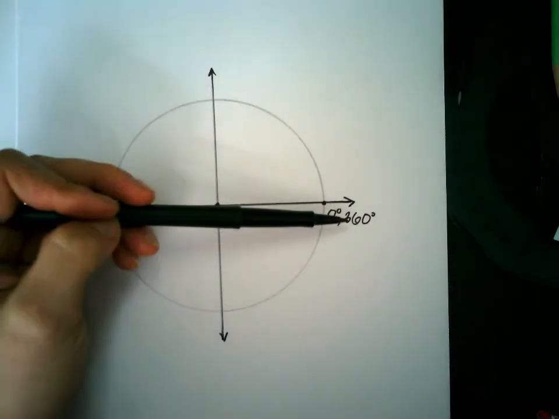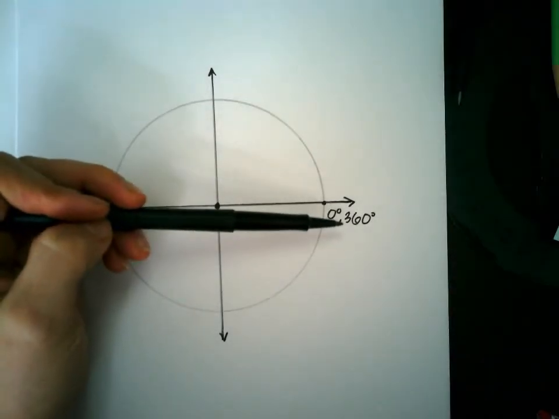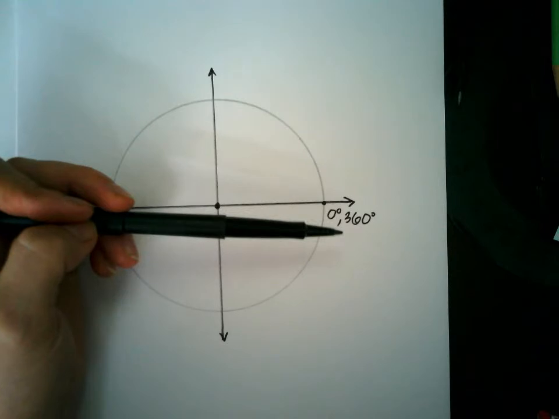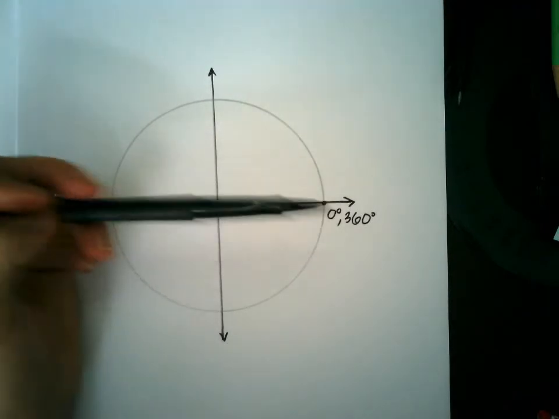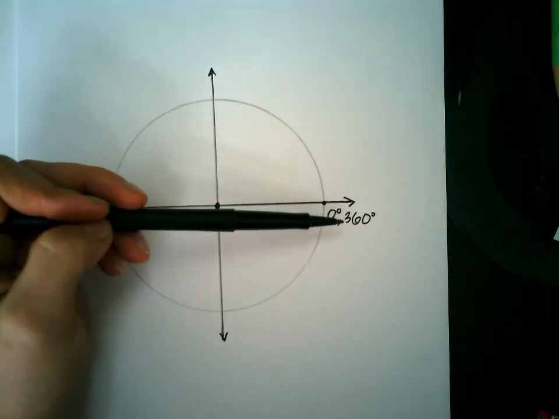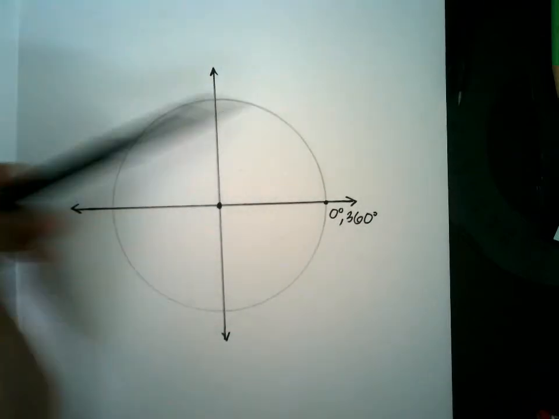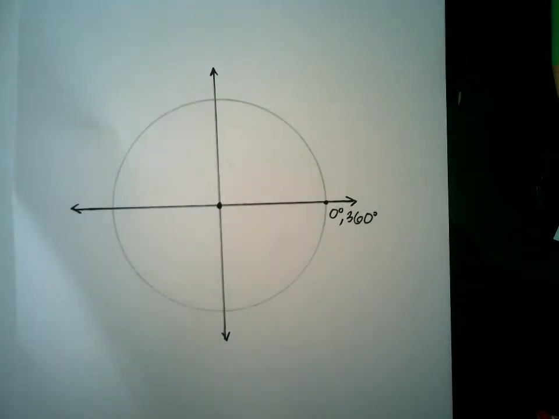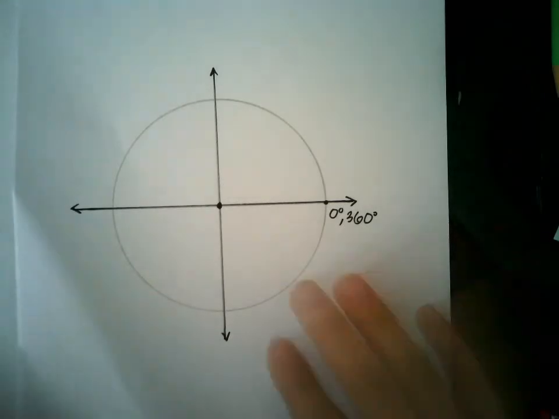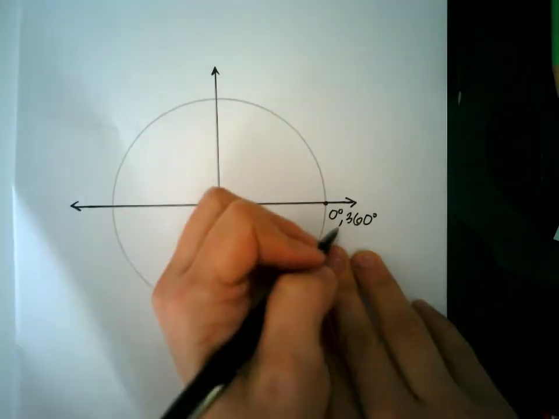Another theory is that the number 360 is really, really divisible, which what I mean by that is that it's divisible by 24 different numbers. So it can be broken into lots of even pieces, as opposed to the number 365, which is not as divisible. So that's just a side note why they chose 360.